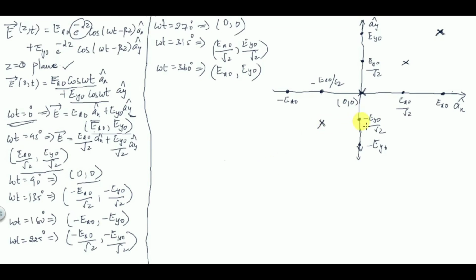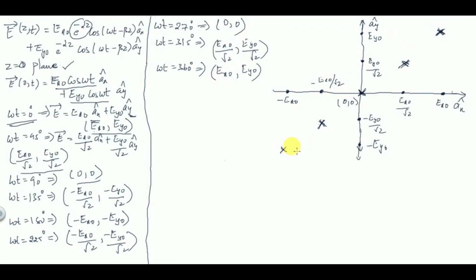And again minus Ex naught, minus Ey naught, so the point will be this. Next, minus Ex naught by root 2, minus Ey naught by root 2, already taken here. 0 comma 0 already taken, and Ex naught by root 2, Ey naught by root 2, so this is the point. For the second time you are getting the same, and Ex naught, Ey naught, so this is the point.